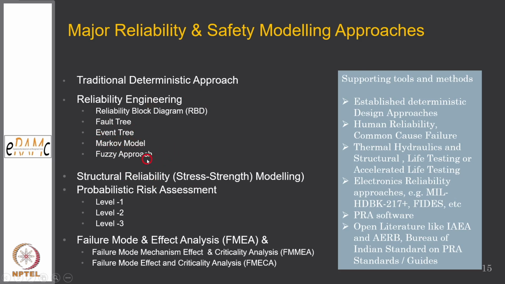Fuzzy approach you might not have heard, I am not sure, but this approach is required to model mostly imprecise parameters. Let us say expert opinion, as I discussed in the previous lecture. Expert opinion comes in linguistic variables. It is a categorization, or a quality like very good, good, not good.